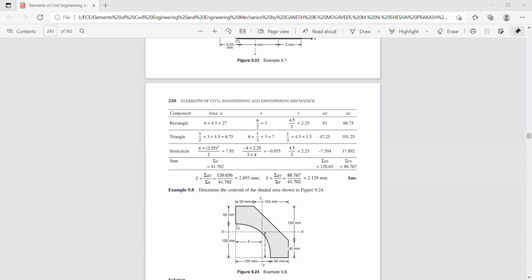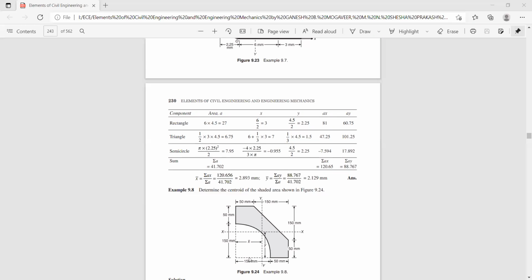So for A2 we can take this quarter circle. You can consider this quarter circle as A2. A2 is negative because you have to take out this quarter circle. So A2 is pi r square, pi into 150 square divided by 4, with a minus sign.